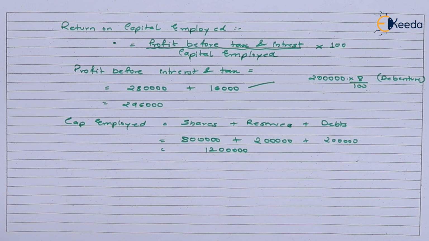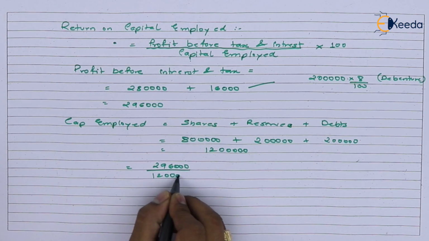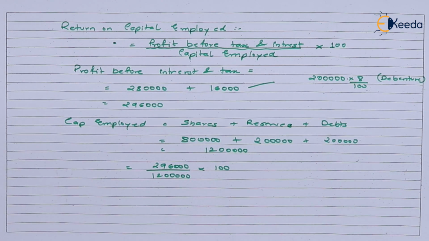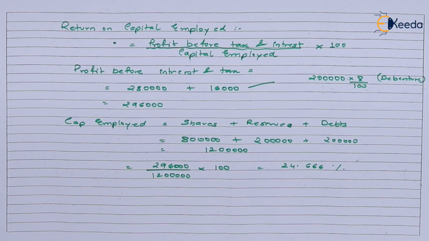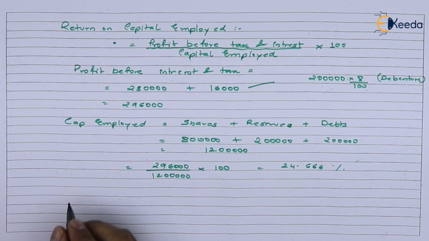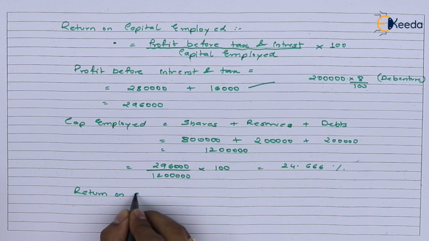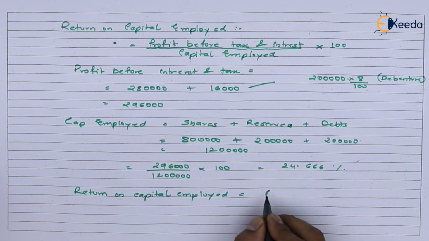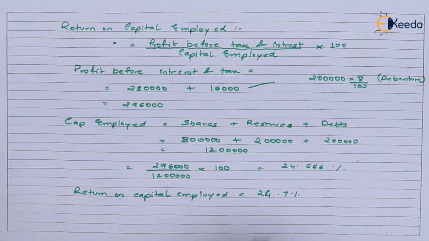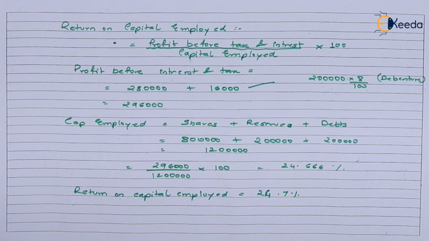So let's put that and figure out the ratio here. That comes to 24.666%. If you round it off, that will be 24.7%, and that is the return on capital employed. We have mentioned that. Let's box it out.